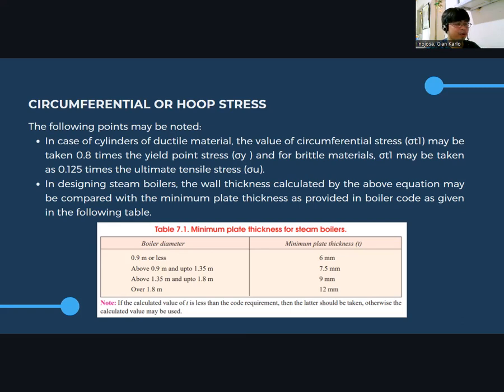Above 1.35 meters and up to 1.8 meters, the minimum plate thickness should be 9 millimeters. If it is over 1.8 meters, the minimum plate thickness should be 12 millimeters. If the calculated value of t is less than the code requirement, then the latter should be taken; otherwise, the calculated value may be used.